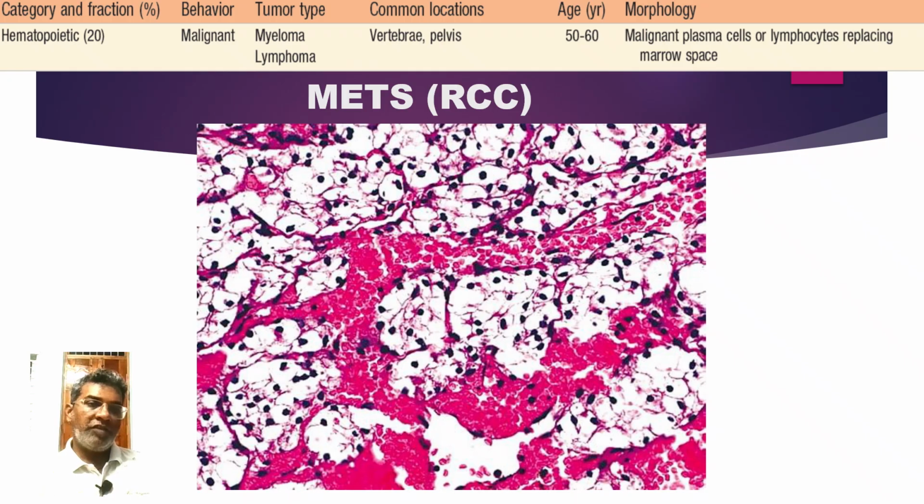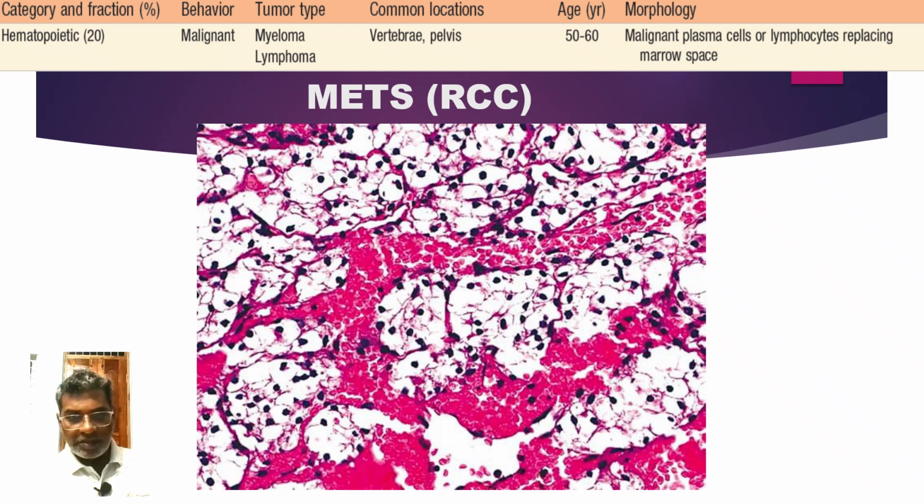Primary bone tumors of hematopoietic origin carry 20% and they show malignant behavior, and these tumor types can be myelomas or lymphomas. The common locations will be vertebrae and pelvis. Age group will be 50 to 60 years and morphology will show malignant plasma cells or lymphocytes replacing the marrow space. This is a picture showing the metastatic tumor.